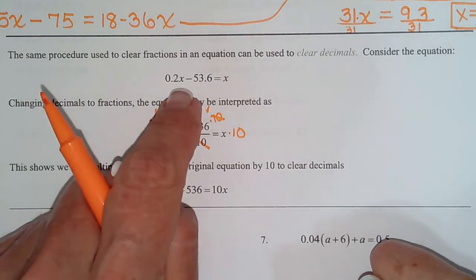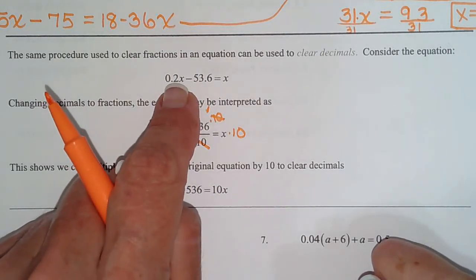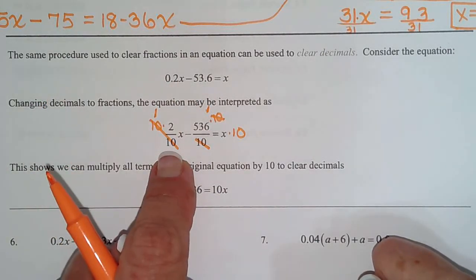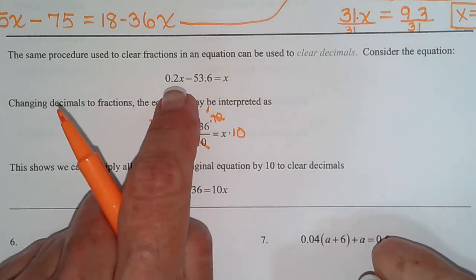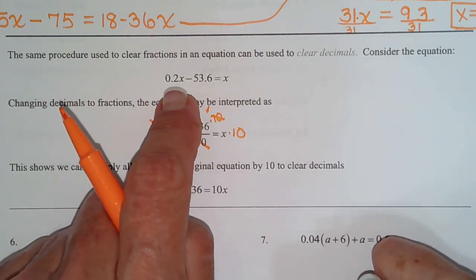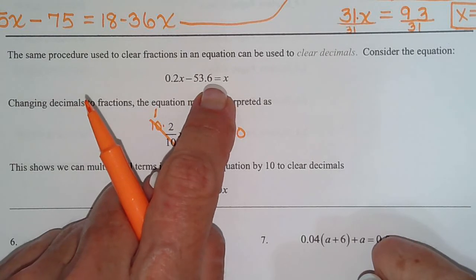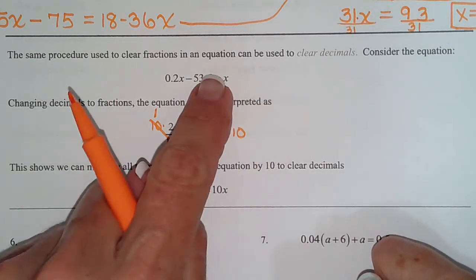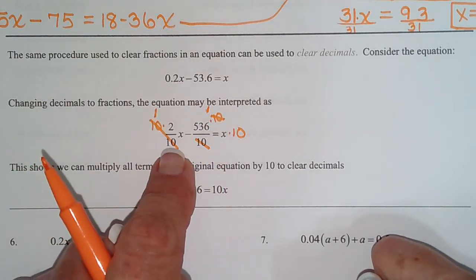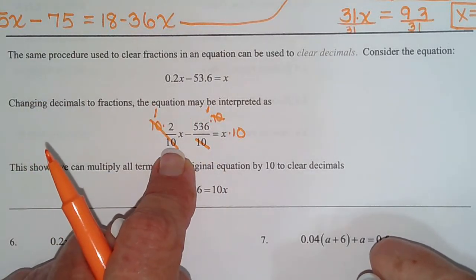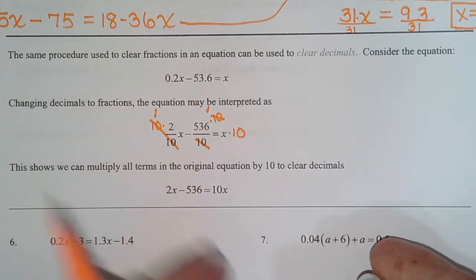Anytime there's one decimal, you take the decimal out and it goes over 10, because this is read 2/10. 53 and 6/10. If there's two decimal places, you put it over 100. 3 decimal places, 1,000.